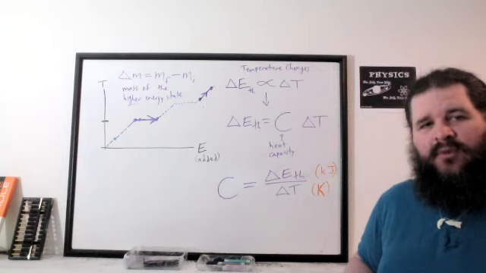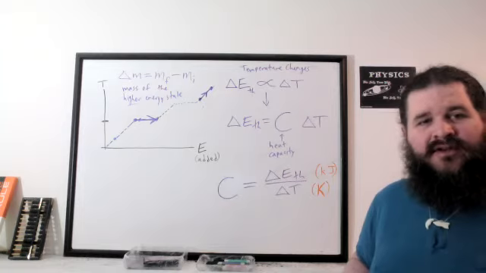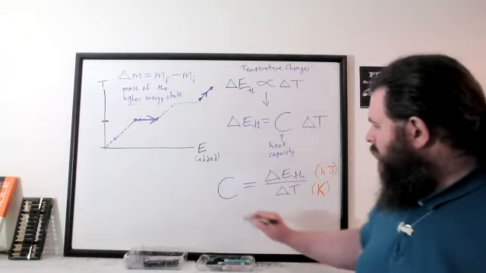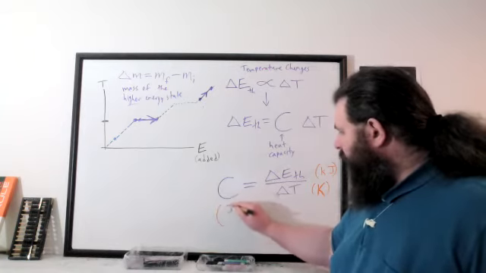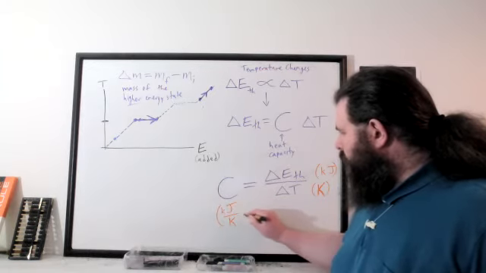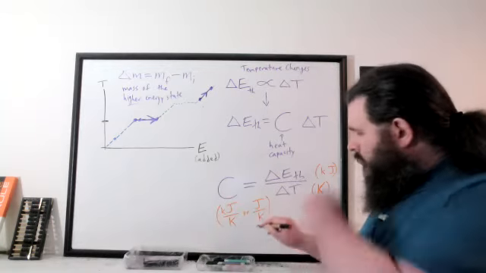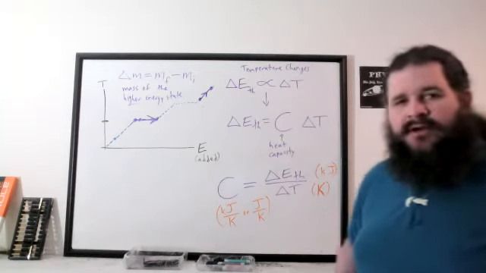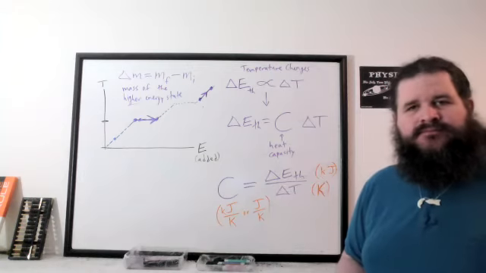They have different starting points, different meanings of zero. But the change in temperature, it doesn't matter if it's Celsius or Kelvin as long as you're consistent about it. So heat capacity is going to be measured in joules per Kelvin or kilojoules per Kelvin. In other words, how much energy it takes per Kelvin of temperature change.